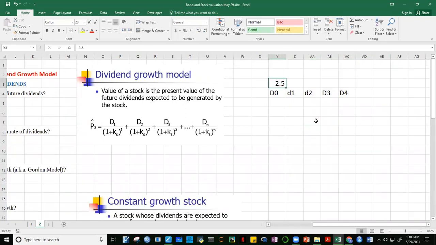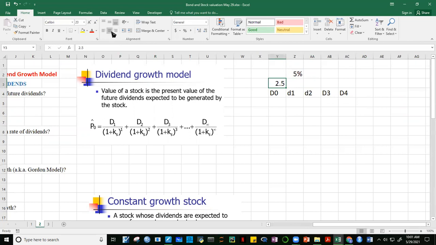And then the company expects that this will grow. Let's say the company expects that this will grow 5% forever. Okay. So this is what we call a constant growth rate.